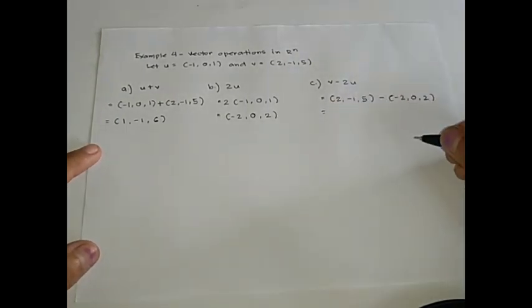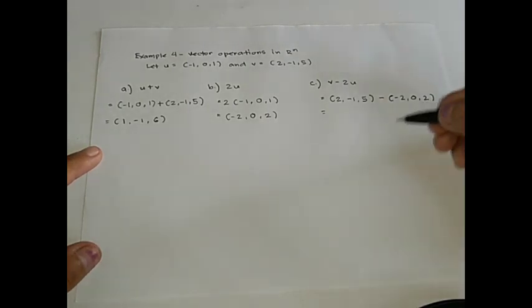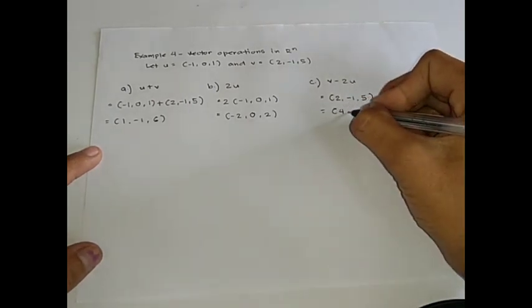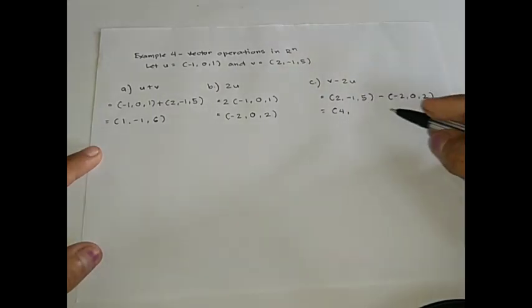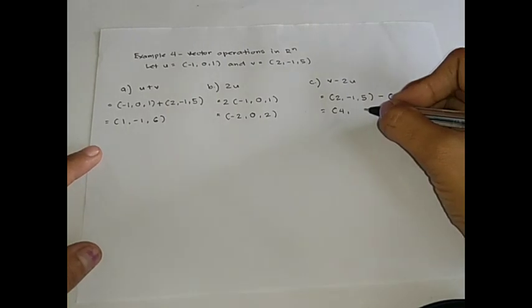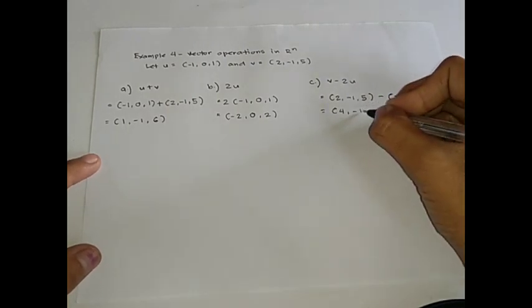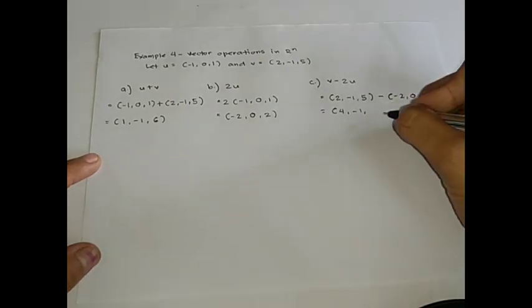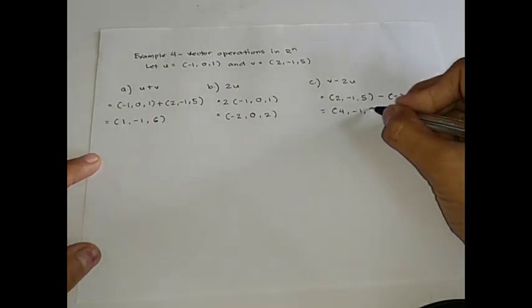Then we will subtract their corresponding components. So 2 minus -2, we will get 4. -1 minus 0 is equal to -1. Then 5 minus 2 is equal to 3.